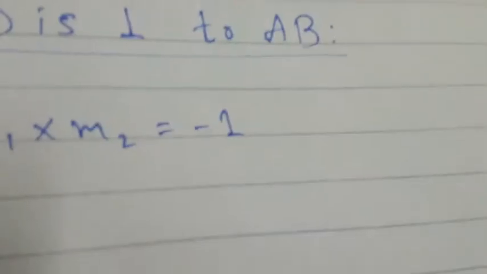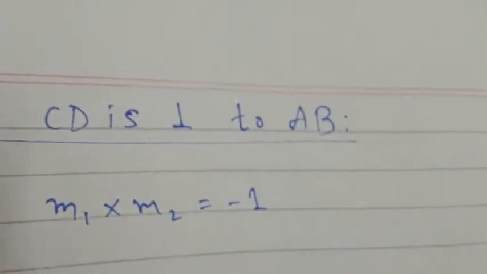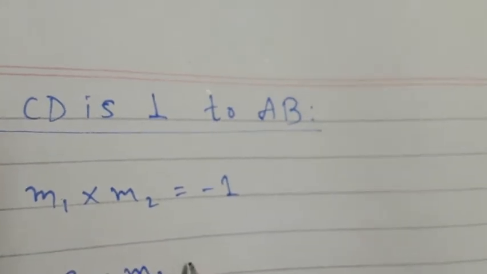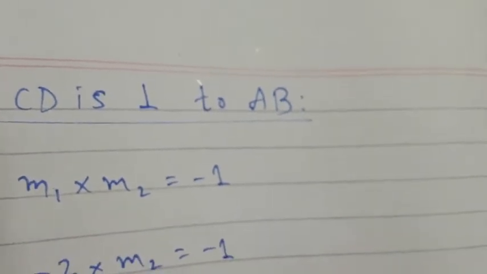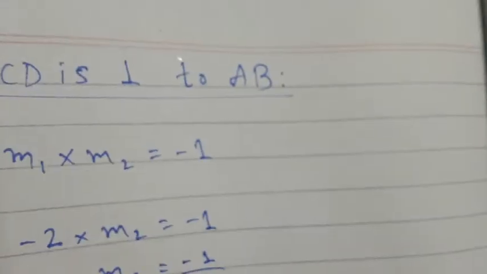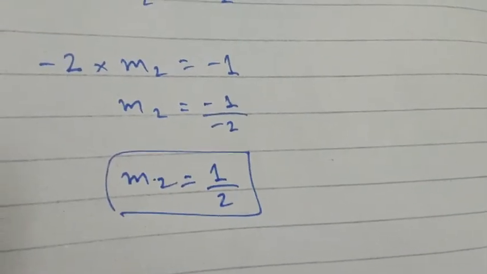As CD is perpendicular to AB, we use the formula m1 multiplied by m2 is equal to -1. The product of the slopes of perpendicular lines is equal to -1. So we put the value of AB, -2, as m1, and we get m2 as 1 over 2. This is the slope of CD.